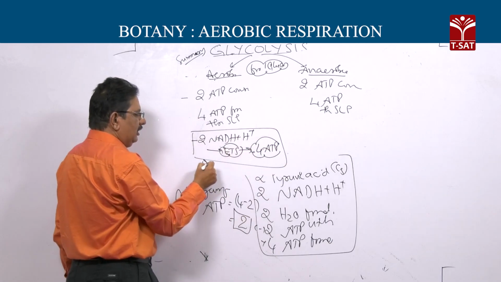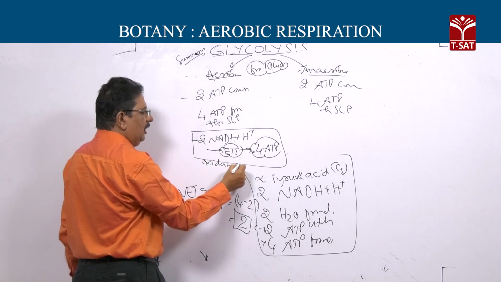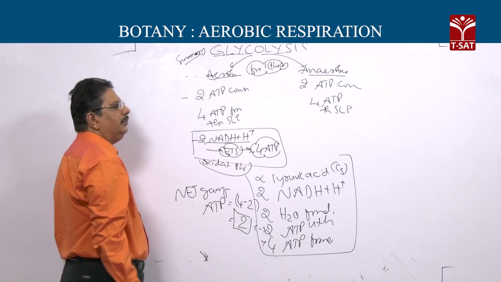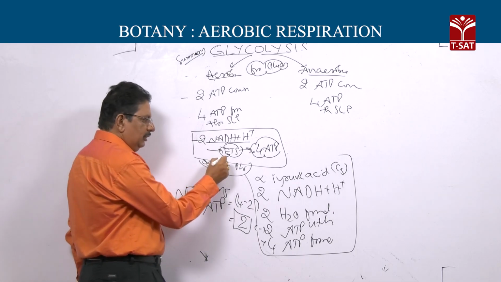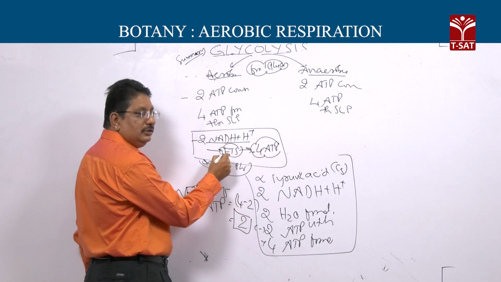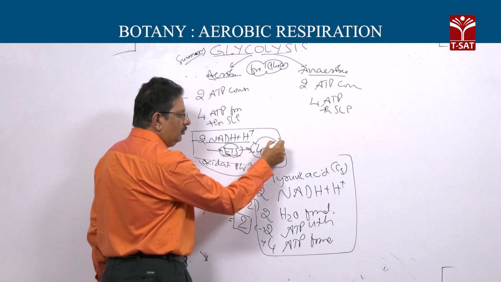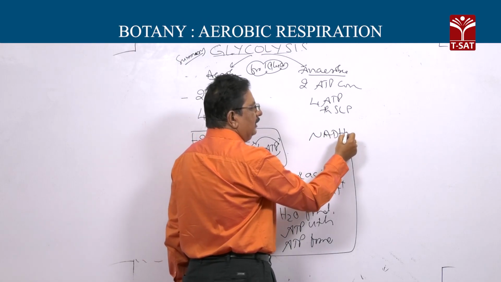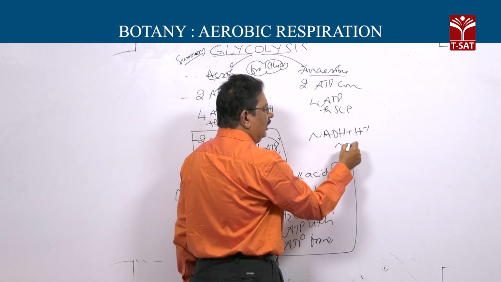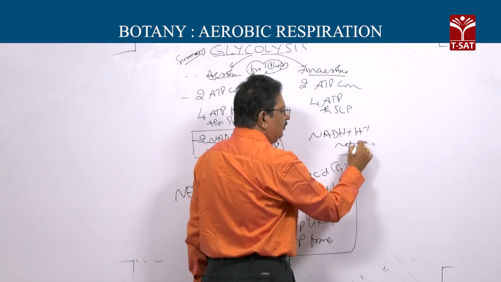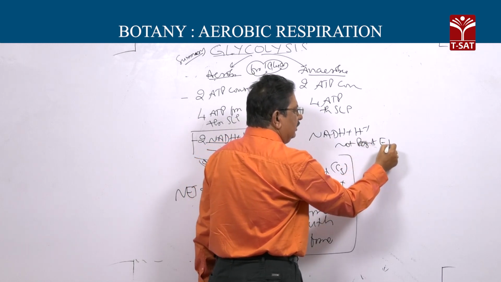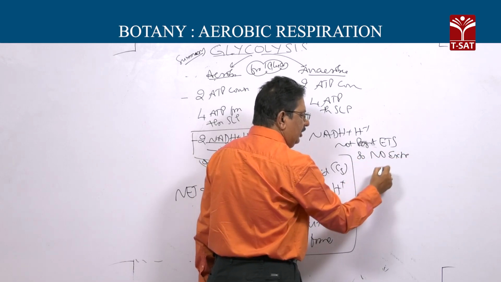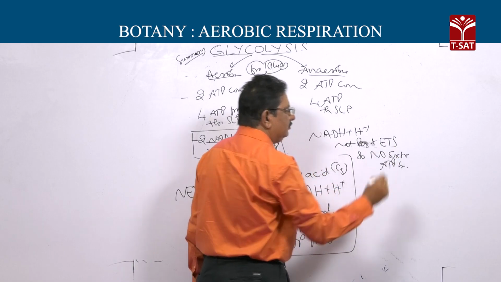So, through oxidative phosphorylation, the NADHs formed in aerobic glycolysis are involved in oxidation steps through ETS and form 4 more ATP. But in anaerobic respiration, NADH H pluses do not participate in ETS. So, there is no extra ATP formation.